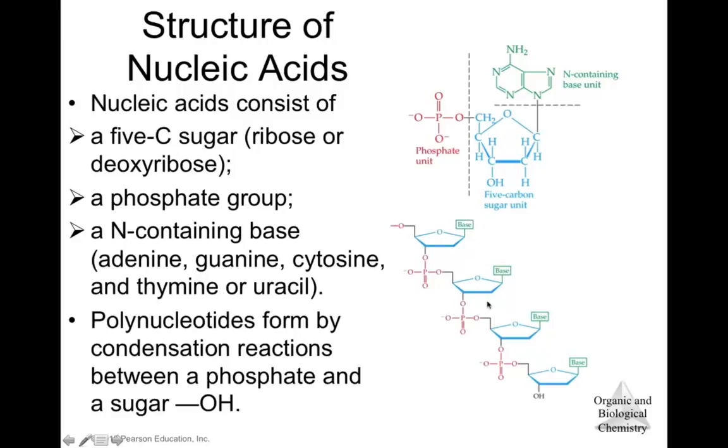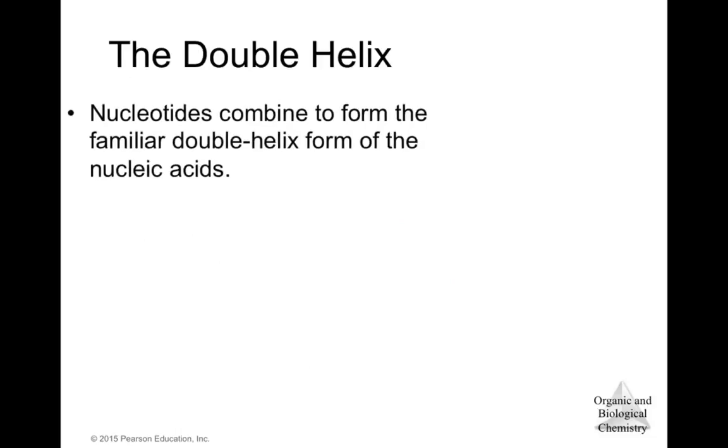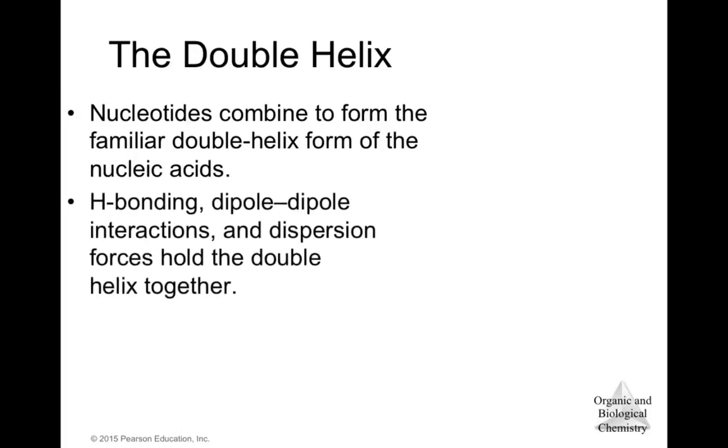And this is the polynucleotide that can create those interactions to produce the double helix of the DNA. So here, the nucleotides combine to form the familiar double helix form of the nucleic acid. And these are formed because of the H bonding and the dipole-dipole interaction and dispersion forces that hold together the double helix. They help to keep them closer together.